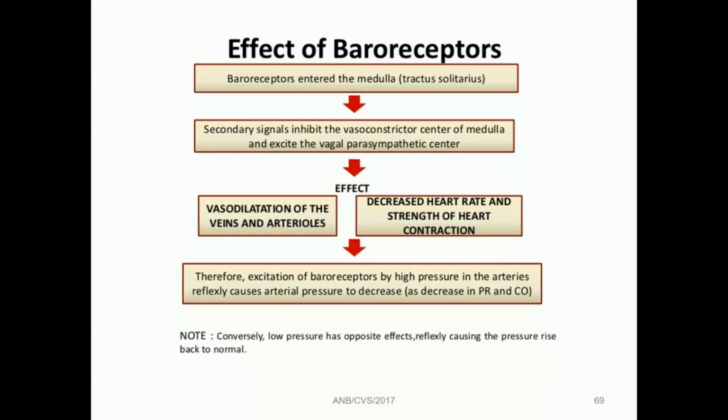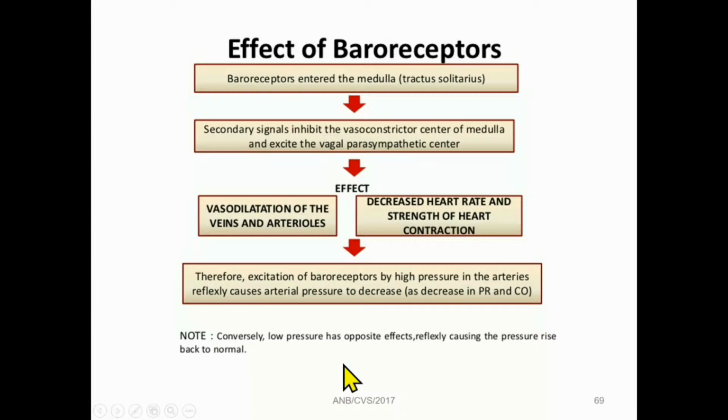In short, excitation of the baroreceptor by high pressure in the arteries reflexly causes arterial pressure to decrease, with a decrease in peripheral resistance and cardiac output. Conversely, remember, low pressure has the opposite effects, reflexly causing the pressure to rise back to normal.